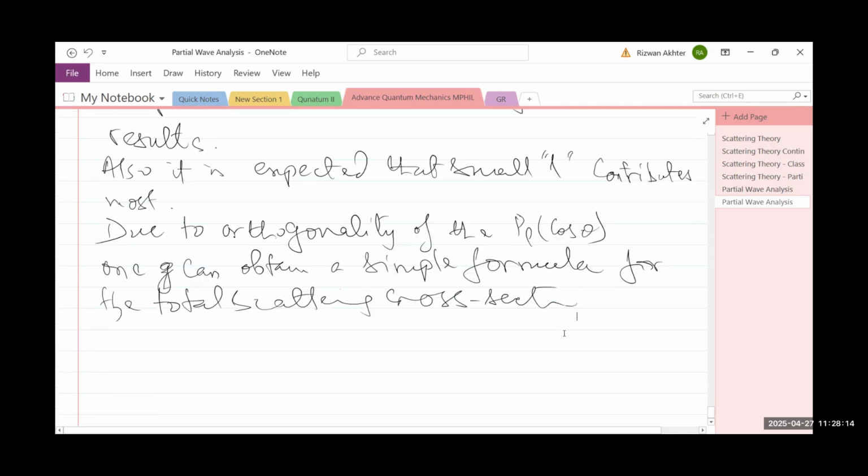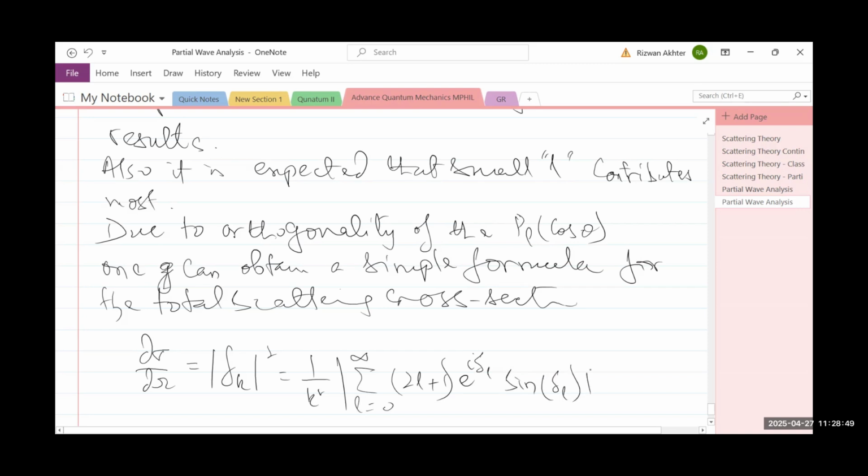And what is that? We could write d sigma upon d omega, and this, if you remember, was mod fk square, that is 1 upon k square, and take a mod, summation over L going from 0 to infinity, (2L plus 1) e to the power iota delta L sine of delta L P_L of cos theta, and this is whole square.